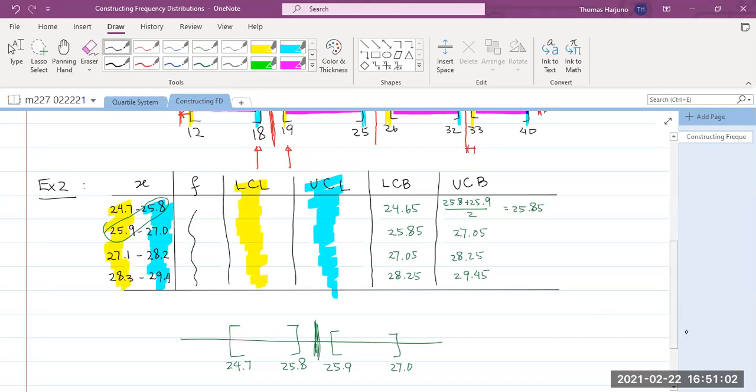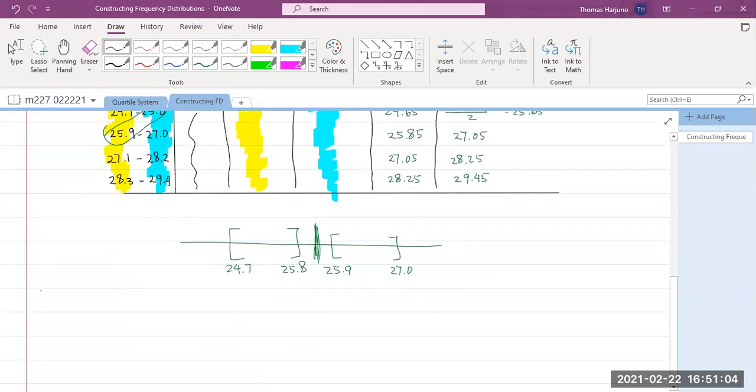Now let's construct a frequency distribution. Once we have the terminologies, how do we construct a frequency distribution?